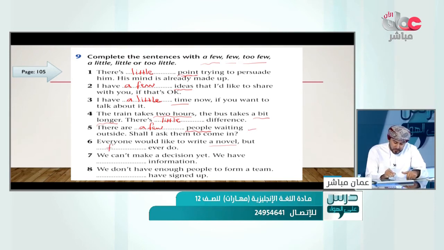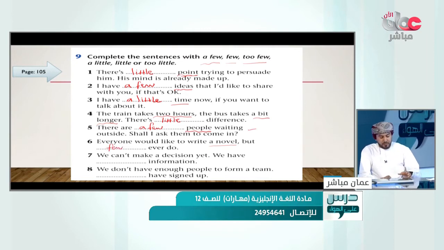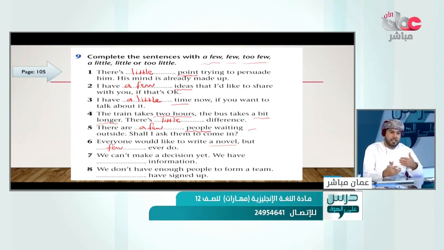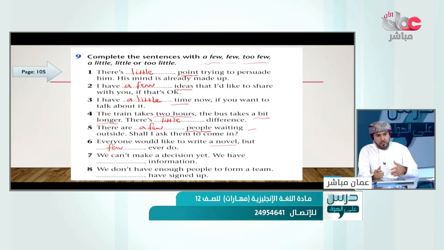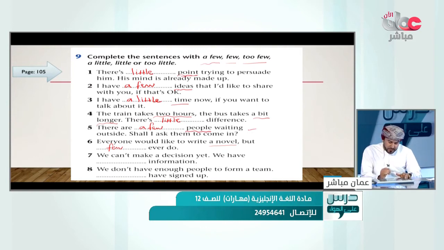So the answer is "few". Again, number 6: everyone would like to write a novel, but few can practice to write one. So that's why it's not enough. The answer is few, so this is negative.